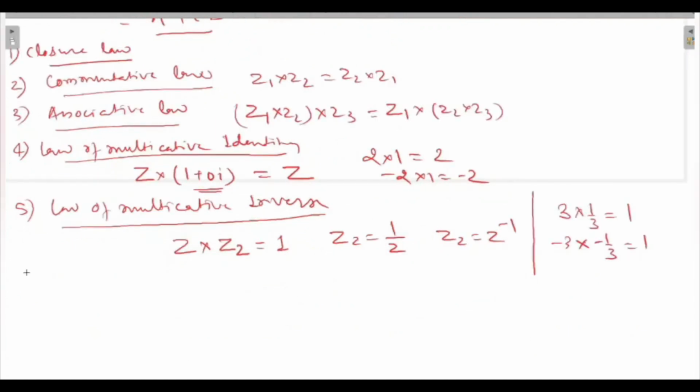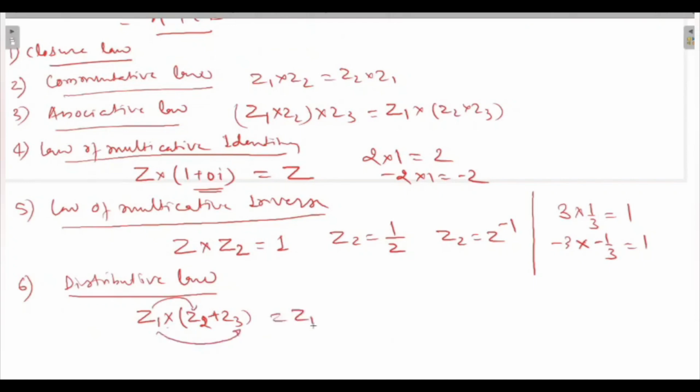And the final law is called the distributive law, which is very important to know. If you have z1 multiplied with z2 plus z3, then it is simply a distribution of z1 over z2 and z3.